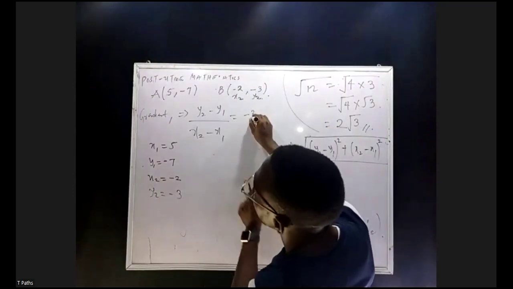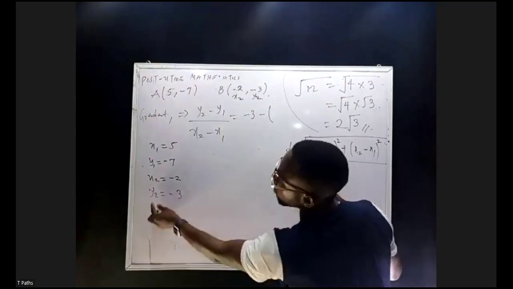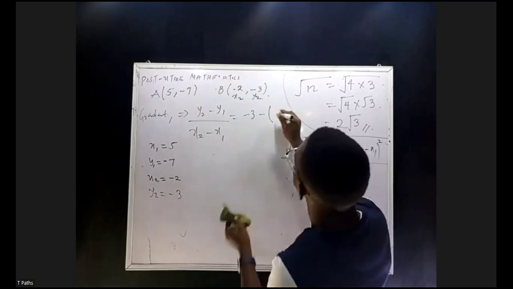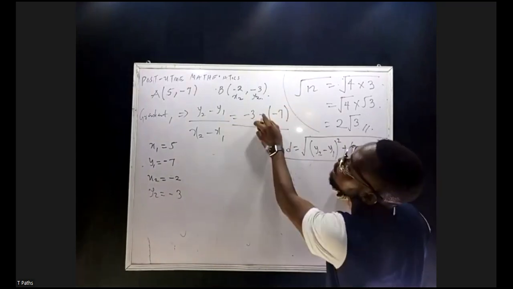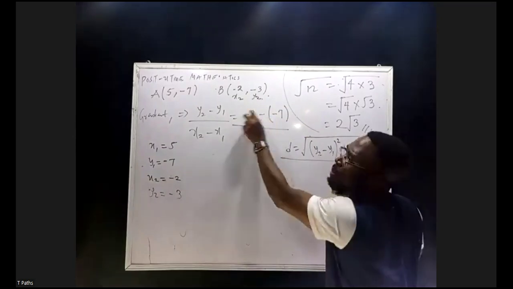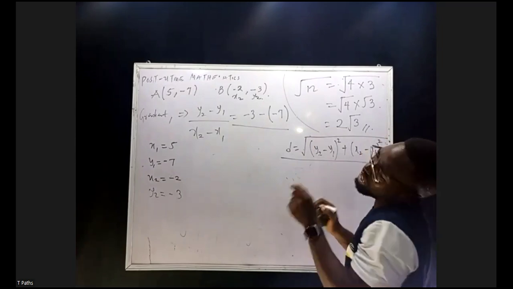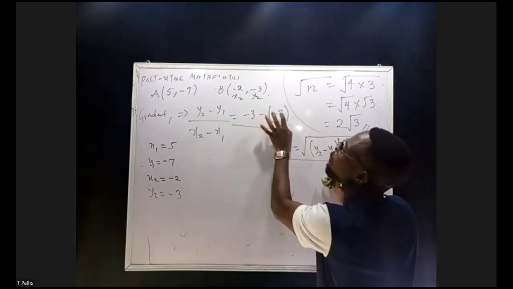So I'll just put it here one by one. Be careful. Y2 is minus 3, minus. What is my Y1? Minus 7. Please, there's a minus here before the minus 7. Don't go and assume that you just do minus 3, minus 7. No. There's a minus here before the minus 7.